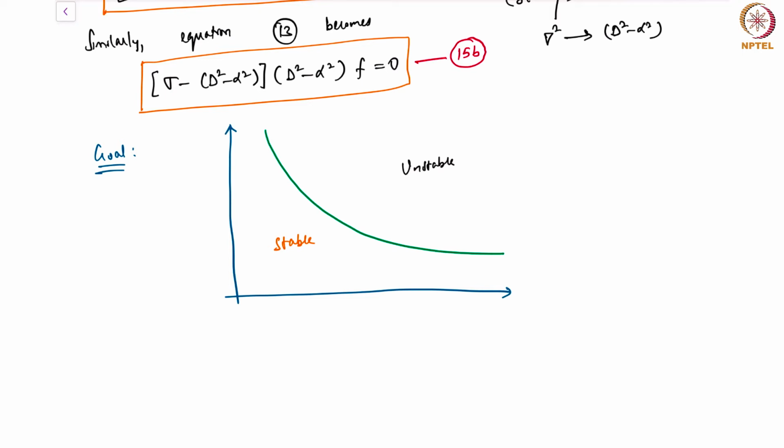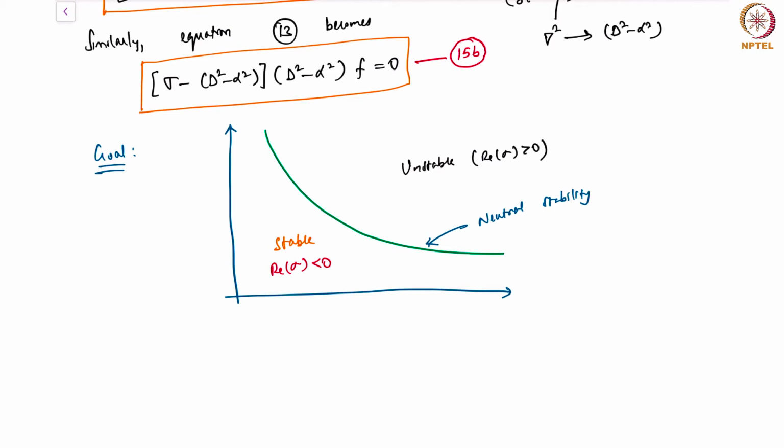So neutral stability here. Recall that unstable means the real part of sigma is greater than 0, and stable means the real part of sigma is less than 0. This is stable.